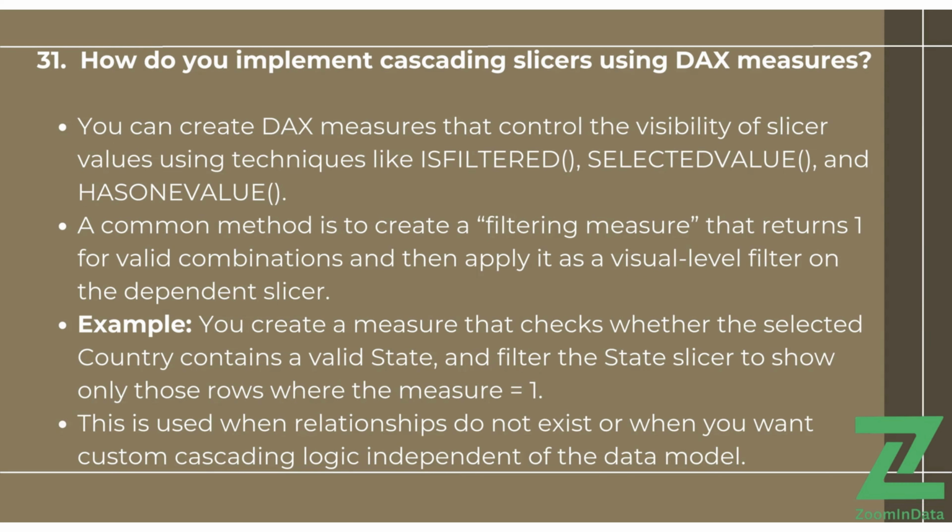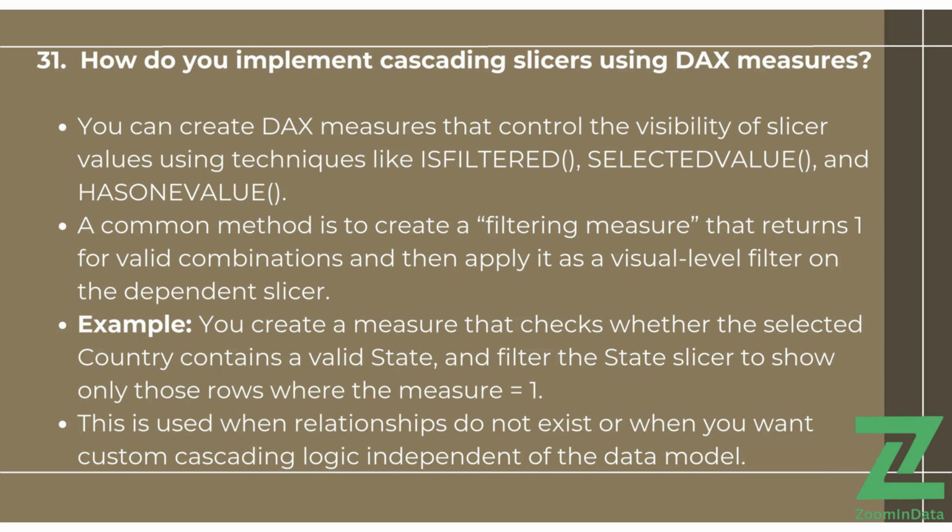31st question. How do you implement cascading slicers using DAX measures? You can create DAX measures that control the visibility of slicer values using techniques like ISFILTERED, SELECTEDVALUE, and HASONEVALUE. A common method is to create a filtering measure that returns 1 for valid combinations and then apply it as a visual level filter on the dependent slicer.